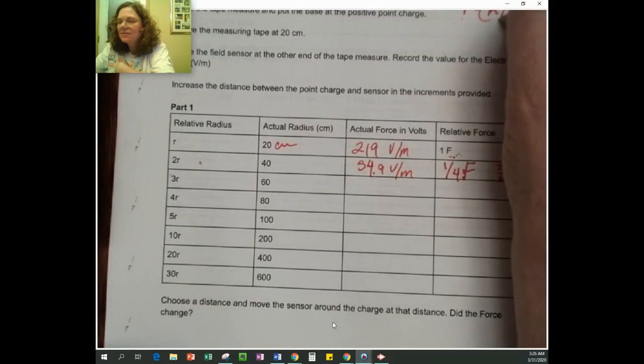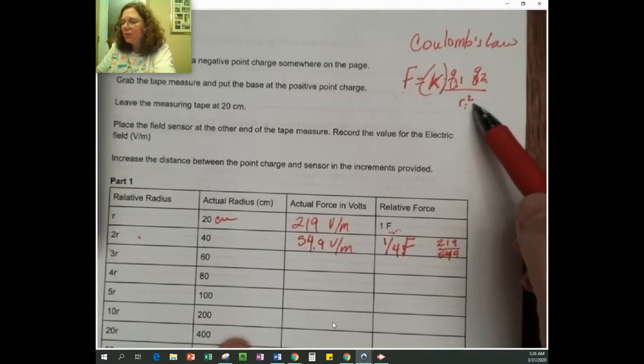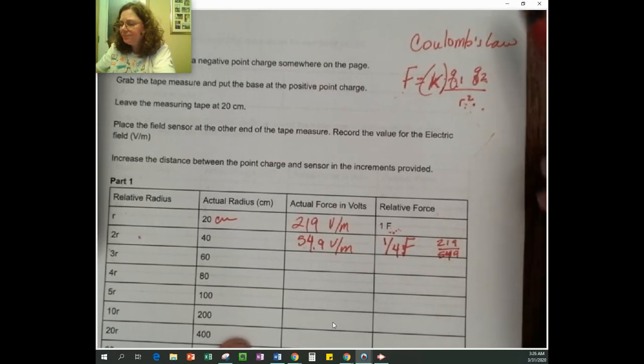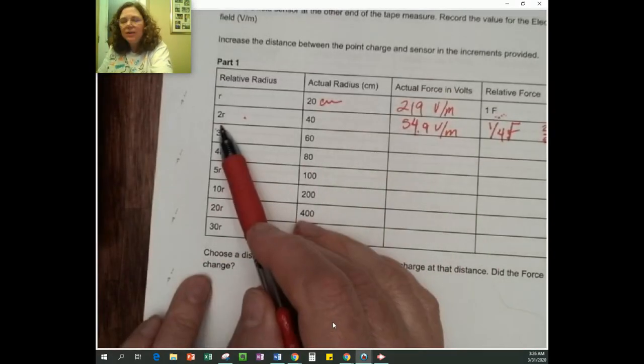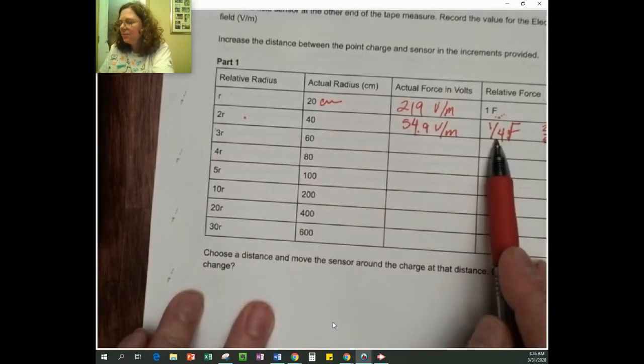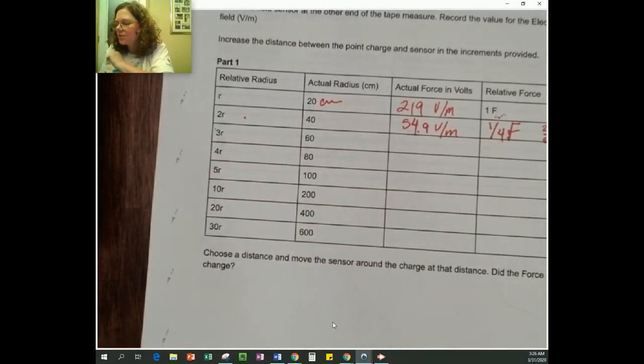I'm sorry, this is squared, so it's in the fraction. If we do 2, it's going to be 1/4 of what the force is. Making sense? All right, let's do the next one.